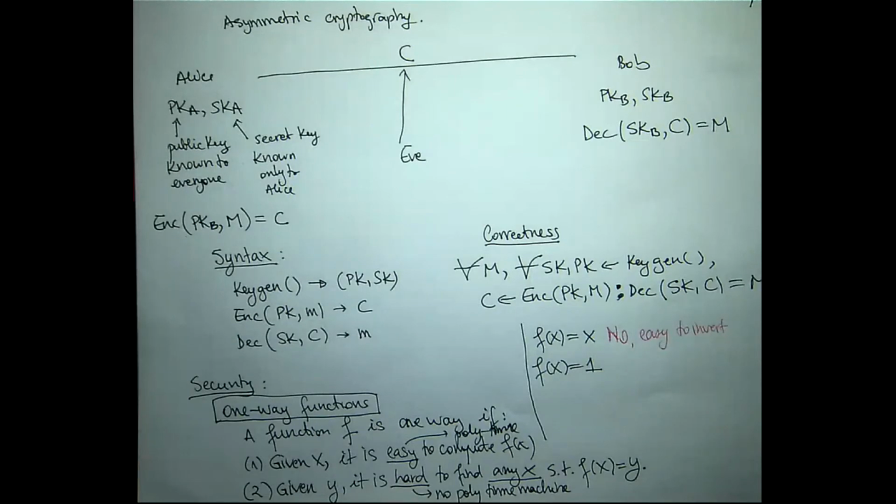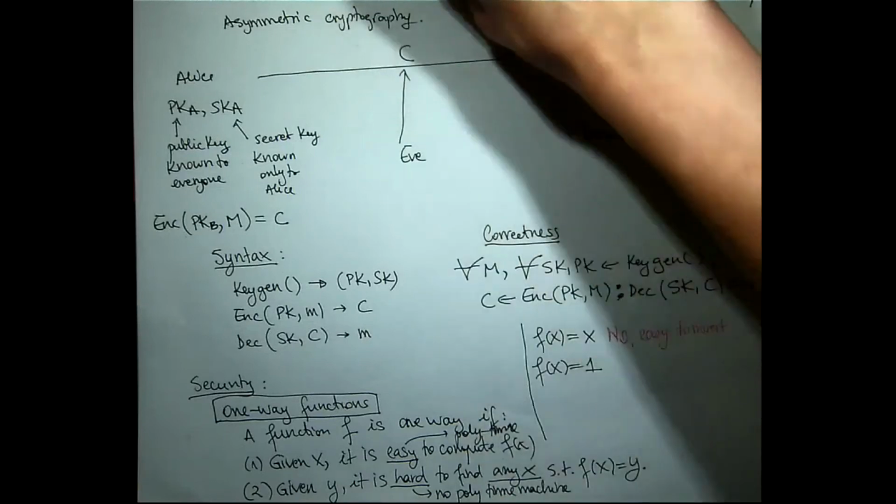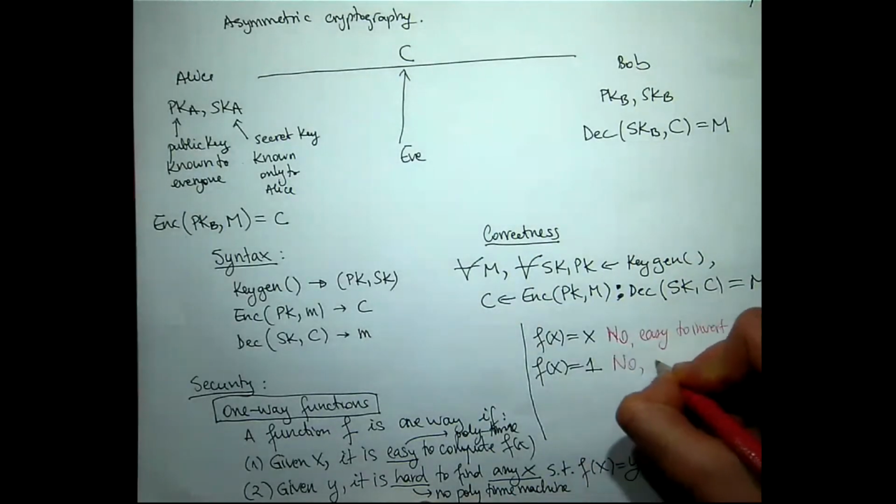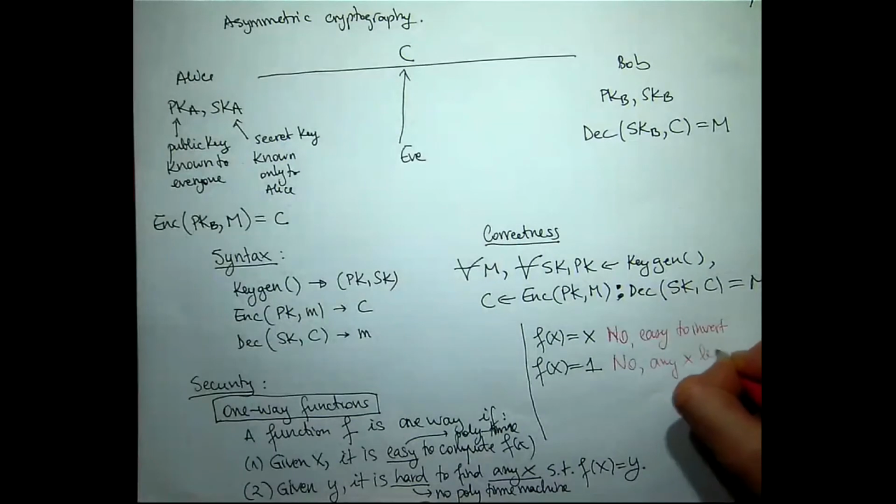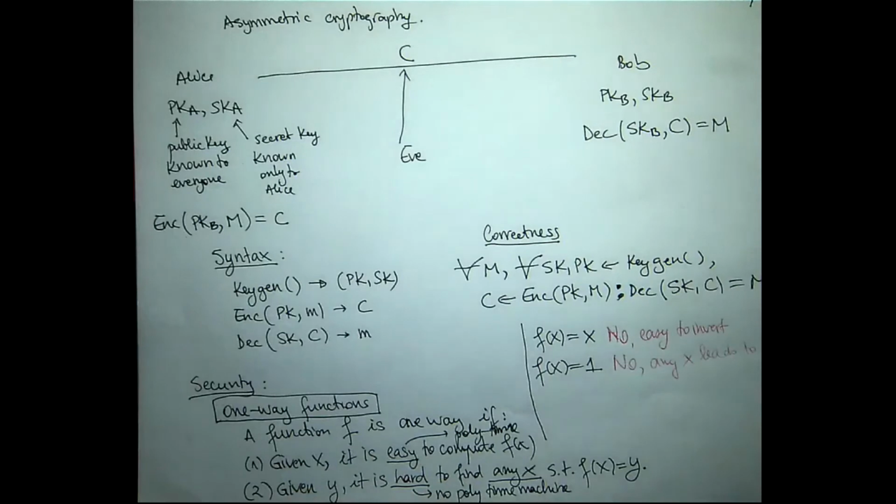Let's say I take some random x, and then I compute f of x and I get 1. It's really hard to go back to the original x because 1 doesn't carry any information about the original x. But that's not the definition of one-way function. The definition of one-way function is that you can't find any x that leads to 1. And in this case, all x's lead to 1. So it's not a one-way function. It's a bit tricky in that sense. So it's no. Any x leads to 1.